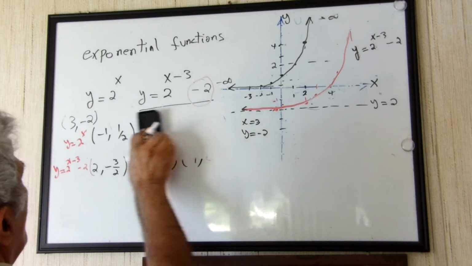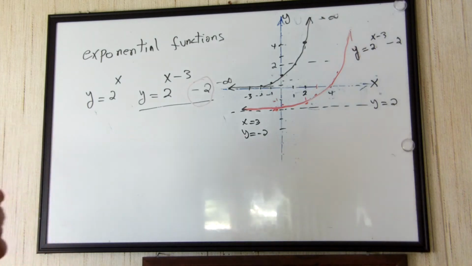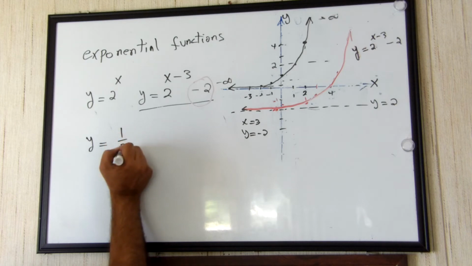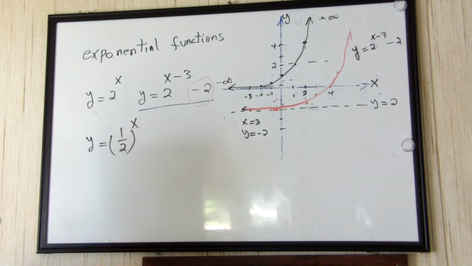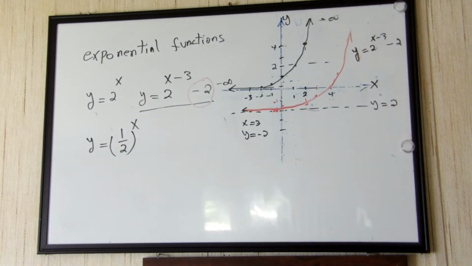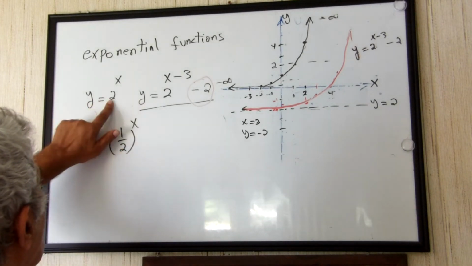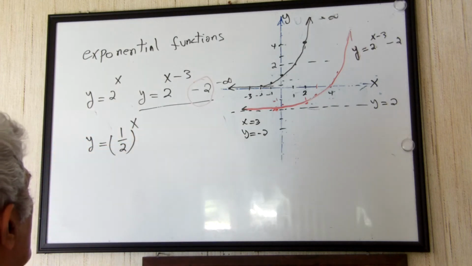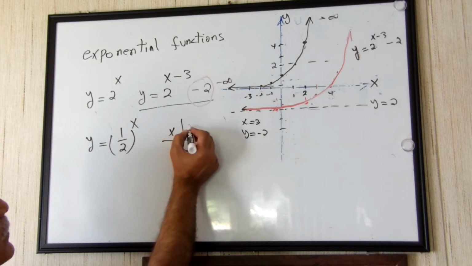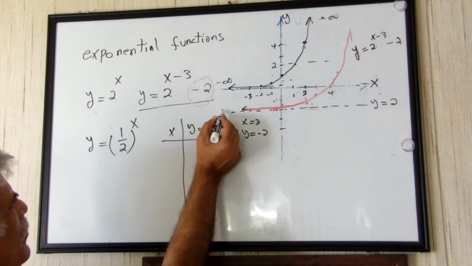Now let's get another one: 1 over 2 to the power of x. This time the number here is a fraction, the fraction to the power of x. So let's find the points. y is equal to 1 divided by 2 to the power of x.